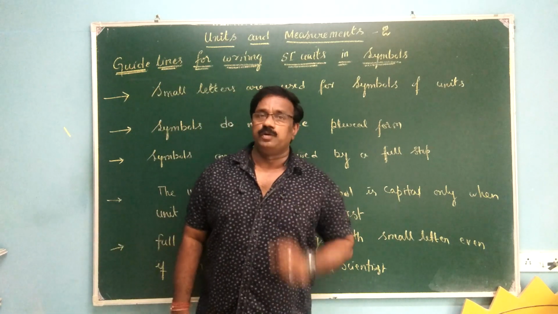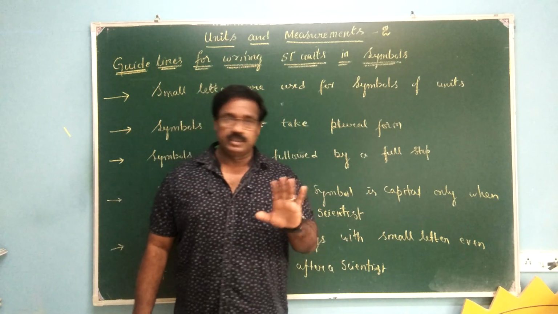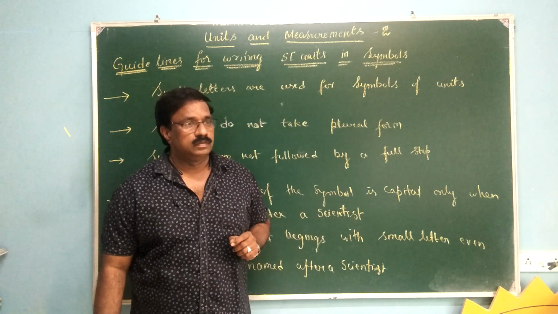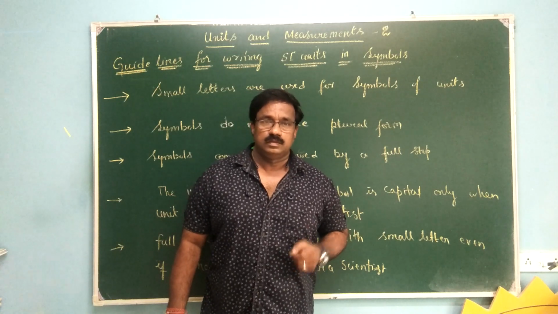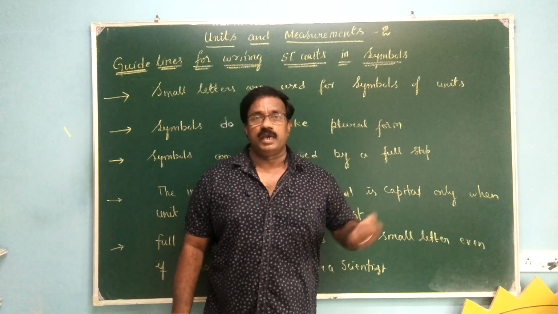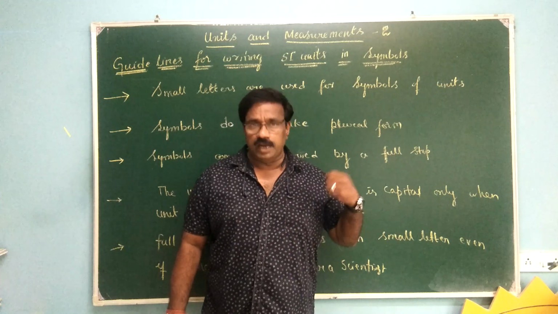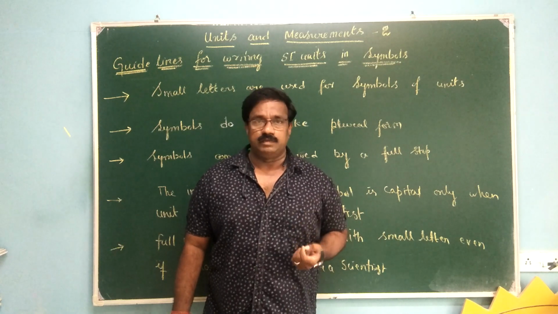In the previous video, we studied units and measurements 1, and there we have seen various systems of units: CGS, MKS, FPS, and also the latest version, that is the modified form of MKS, SI.